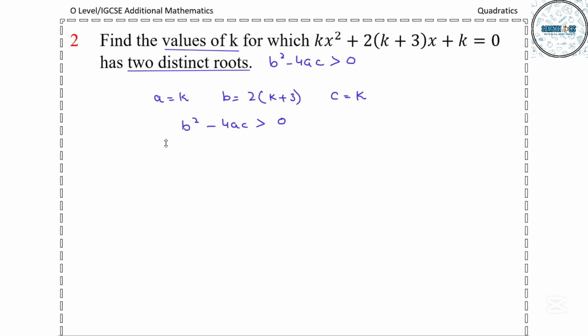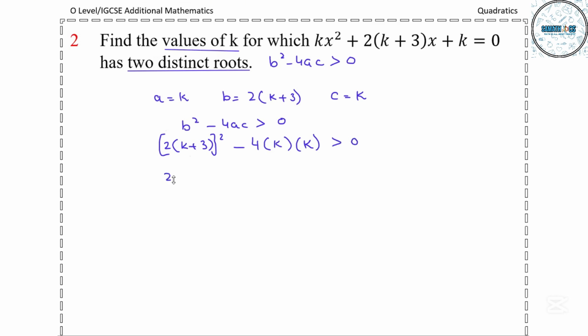So b squared is 2 into (k plus 3) whole squared, minus 4 into k into k, greater than 0.